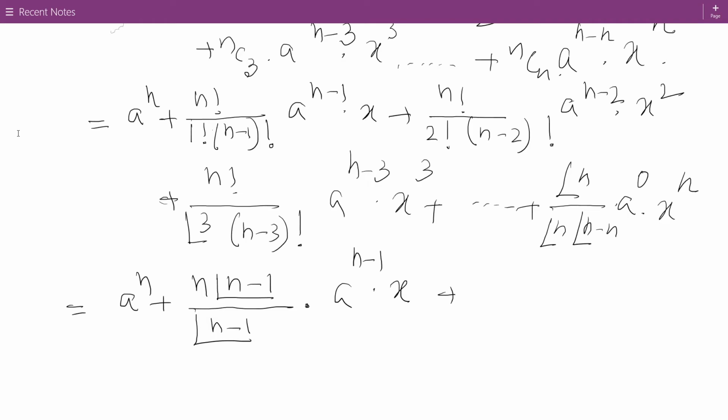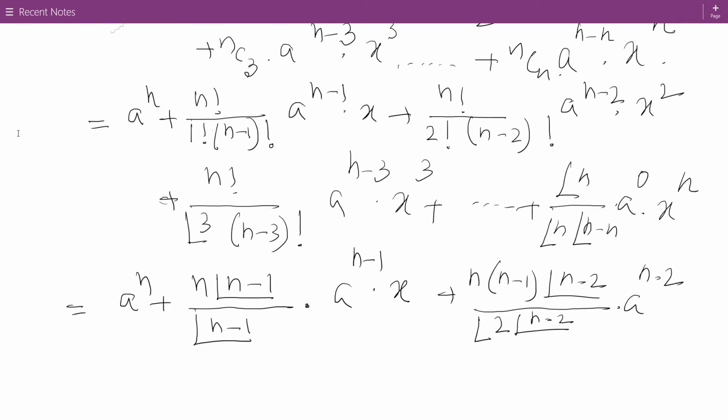For the second, n into n minus 1 into factorial n minus 2 by factorial 2 into factorial n minus 2, a to the power n minus 2, x to the power 2.